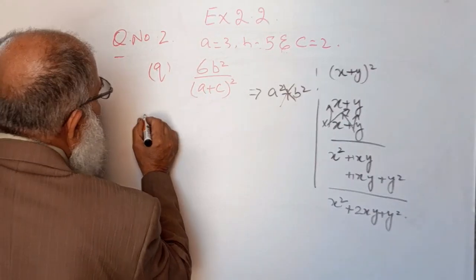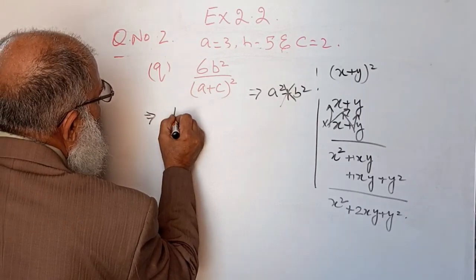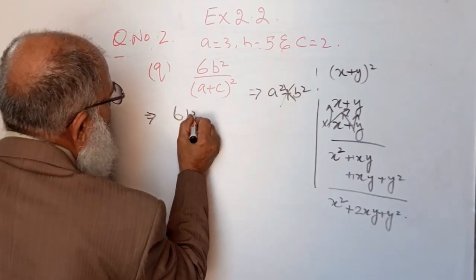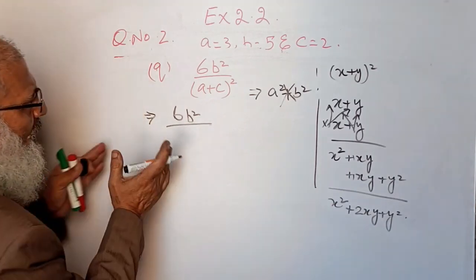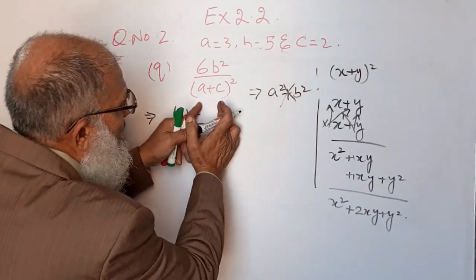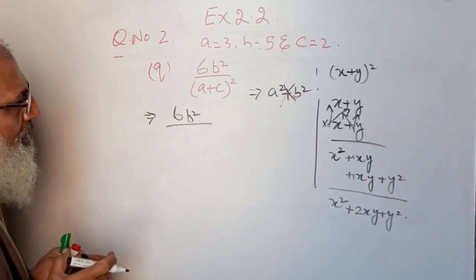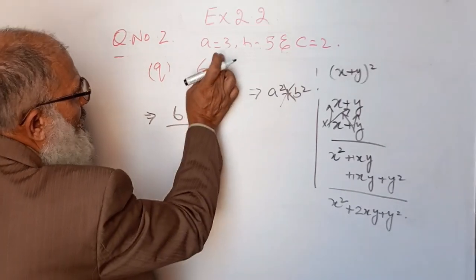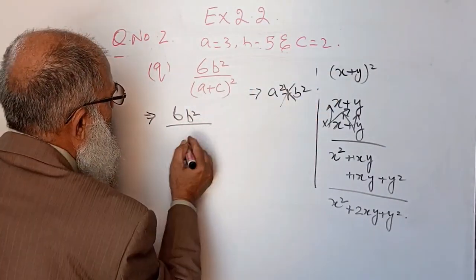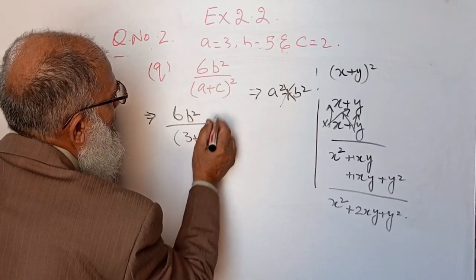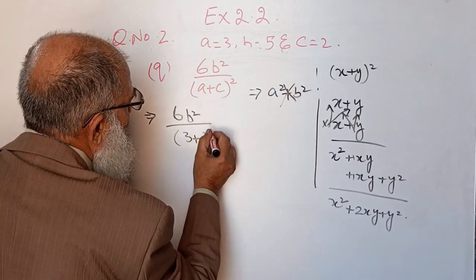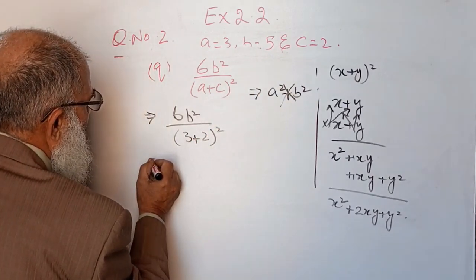This will become 6b square, which will remain as it is. Now you can just manipulate the values of a and c. Now you can do it like this: 3 plus c is equal to 2 and the whole square.